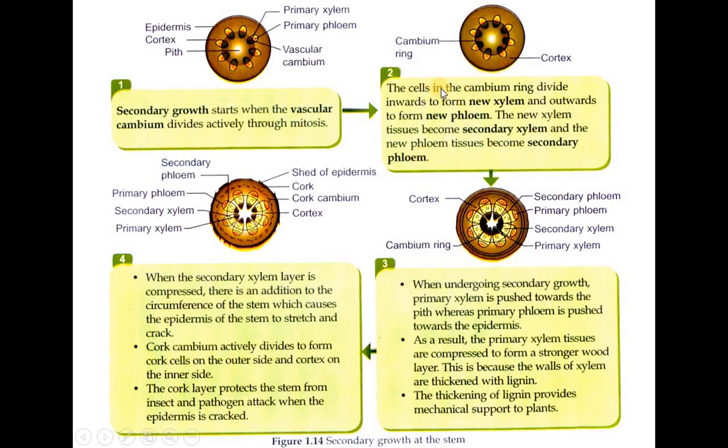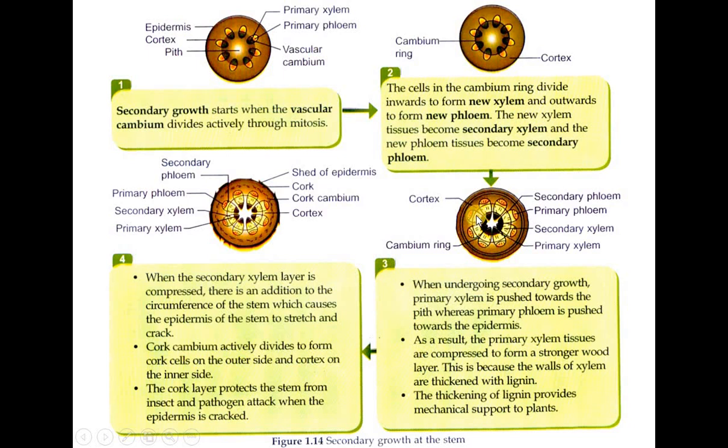In the second stage, what happens? The cambium ring divides to form new xylem and new phloem cells. The new xylem tissues are called secondary xylem and the new phloem tissues are called secondary phloem. In the diagram we can look clearly. This ring refers to the vascular cambium.